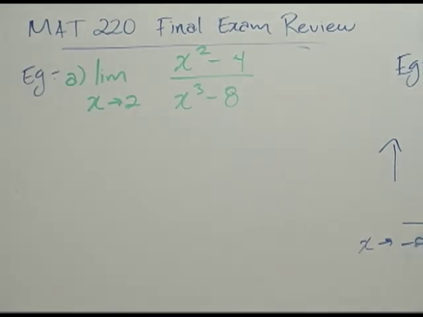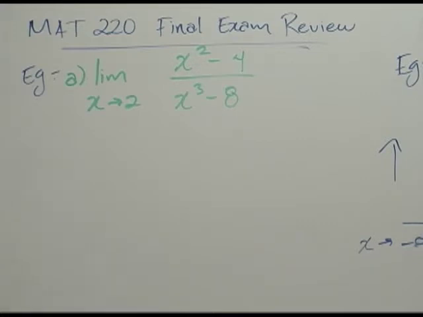Now, how about this one? What are your thoughts on it? You can't plug in the 2 because the denominator equals 0. Well, the first thing you'd always do is plug in the value, right? And see what happens. At first glance, if you plug in the 2, you get a 0 at the bottom: 8 minus 8. So that's not good. However, we also get a 0 on the top.